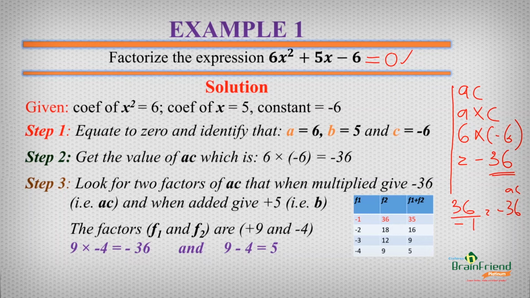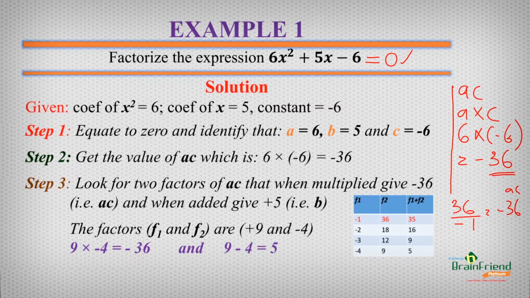We keep repeating this process as we did earlier for the value of -2, -3, and -4. For me, I realized that -4 and 9 were the right factors for me to use now, because 9 plus -4 would give me 5. And that's why I choose that factor.